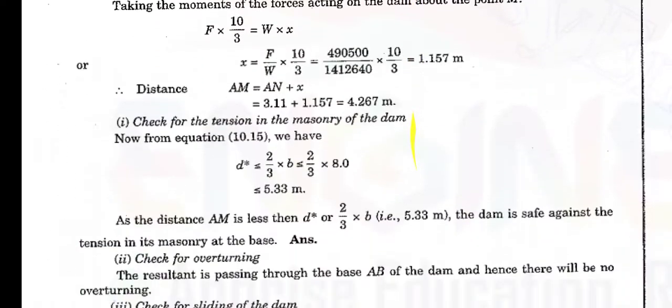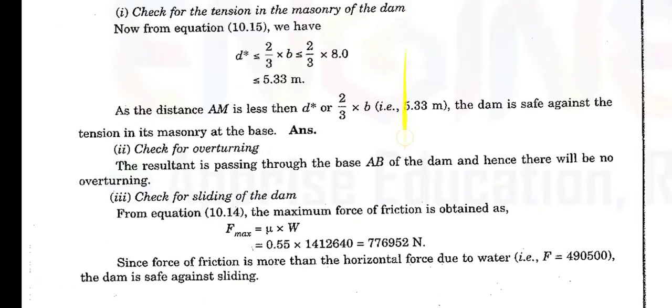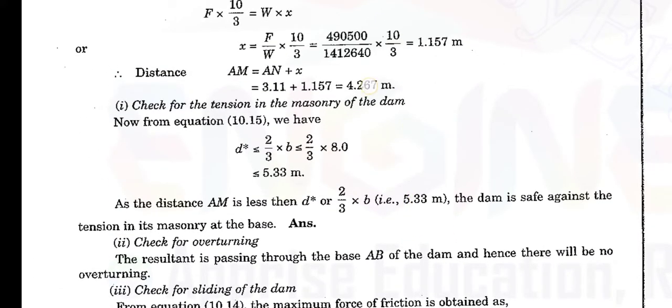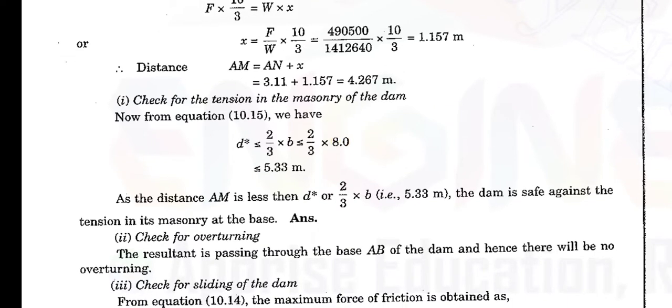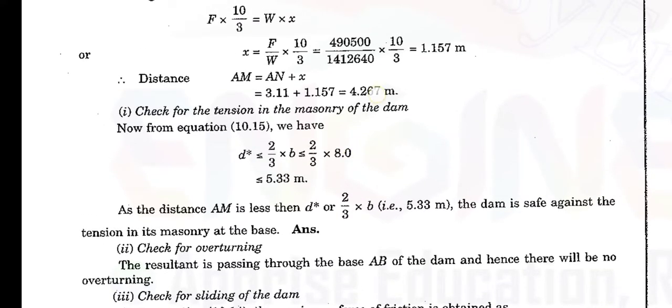Here the B value is 8 meters, so 8 by 6, that is the eccentricity limit. This value D star should be less than or equal to 2 by 3 of the total width, so it is 5.33 meters. Hence AM, that is 4.2, is less than 5.33, and hence the dam is safe against tension.